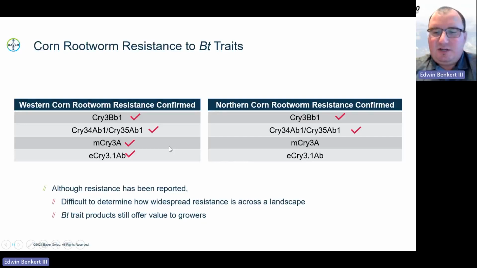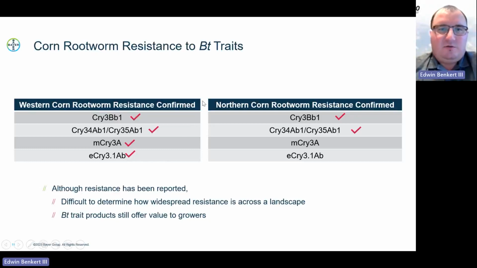So it's not widespread, and we don't have populations where all four proteins are no longer working. That's not that common, right? In a lot of cases, we may have resistance to, say, Cry3Bb1, but Cry34/35 is still working, or similar with our other proteins there.